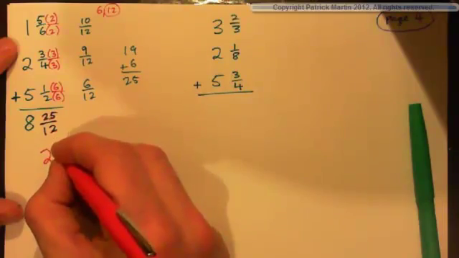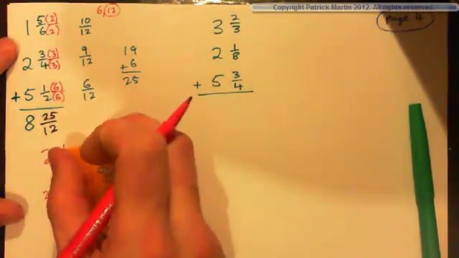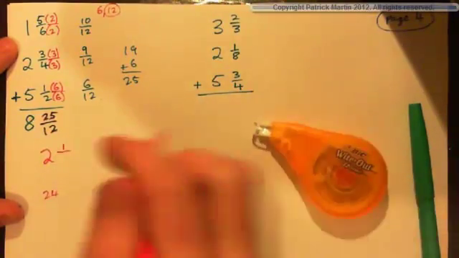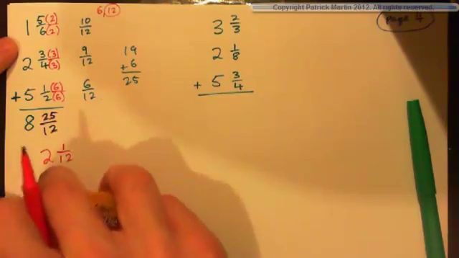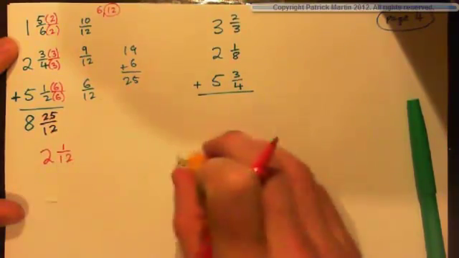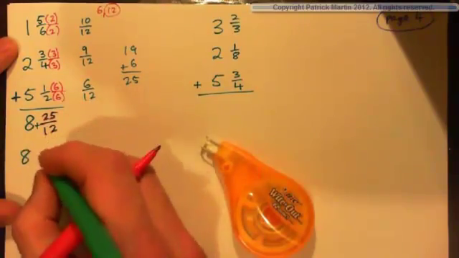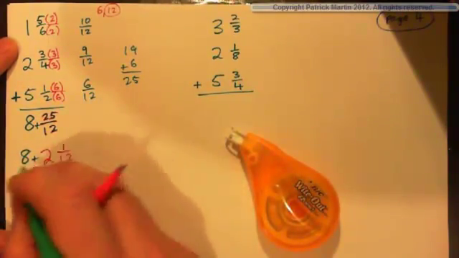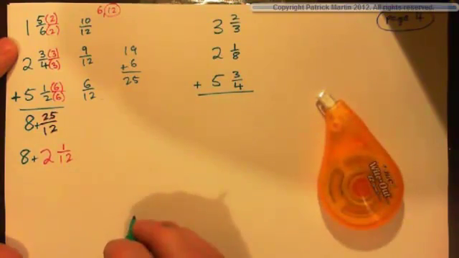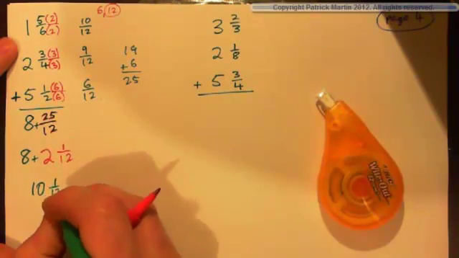So 2 and a 12th, right? But of course I still have the 8. So 8 plus 2 and a 12th gives me 10 and 1/12, right?